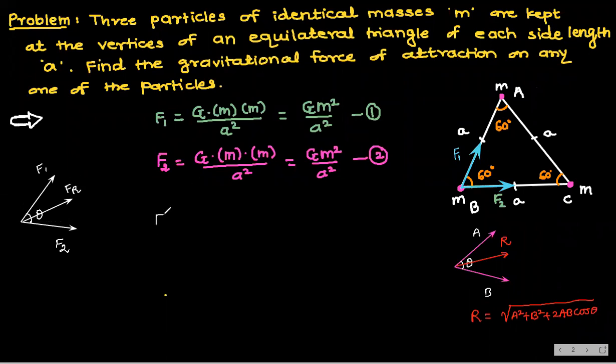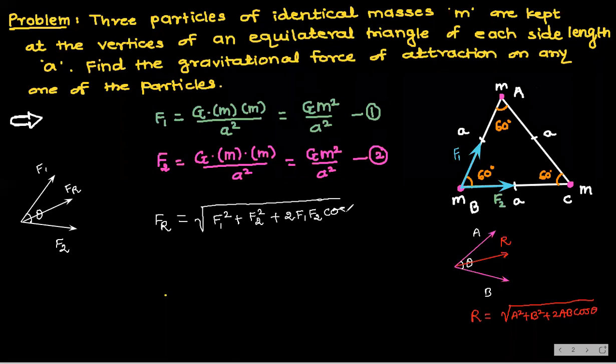Fr is equal to under root of F1 square plus F2 square plus 2 F1 F2 cos theta, that is cos 60. Yes?